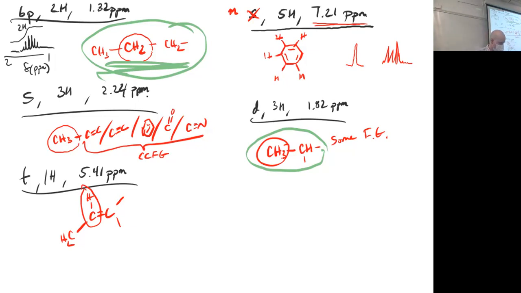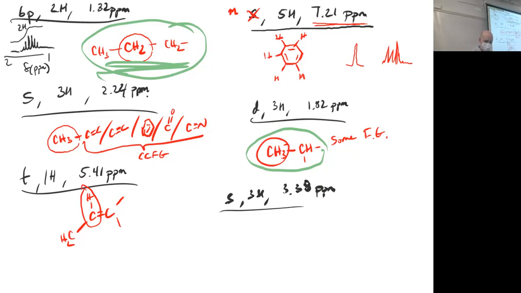All right, Olivia, are you ready? Yes. All right, these are in some order, so they may be getting harder or easier, but it's just what I've got. Singlet, 3H, 3.38 ppm.